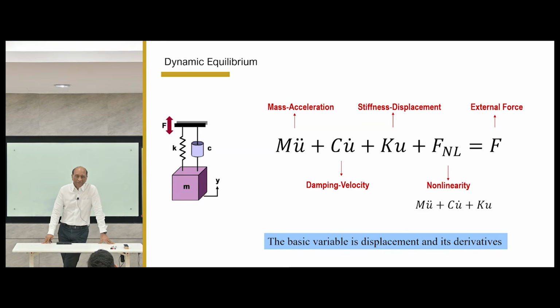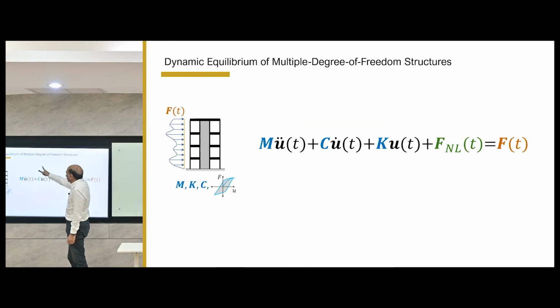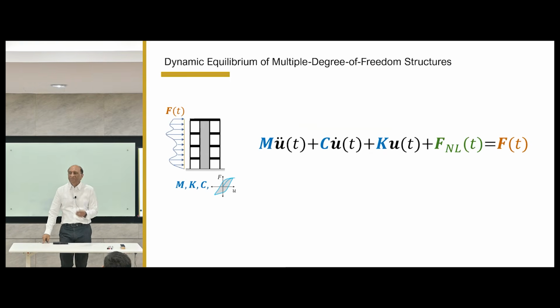Once we have this equation, it is very good for one small spring. But as you know, a structure is not one spring. It's thousands upon thousands of springs. This is one degree of freedom, or one spring, but the structure has hundreds of thousands or millions of degrees of freedom. So which means we need matrices. If we go to the structure, we convert these into a mass matrix, damping matrix, and stiffness matrix, all of them matrices rather than individual single numbers.